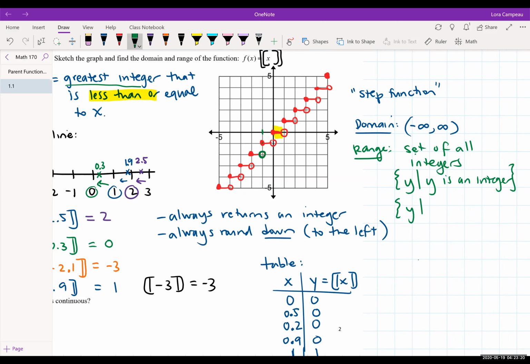We use the set Z, or fancy Z, to stand for the set of integers. And instead of writing the word is, I will use the element symbol. So y such that y is an element in the integers. And we really wouldn't be needing to talk about interval notation for problems like this. So don't stress out too much.